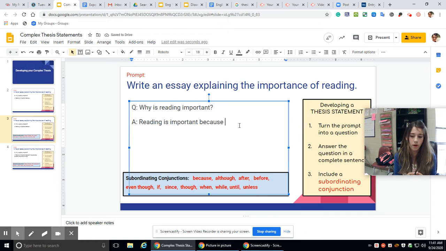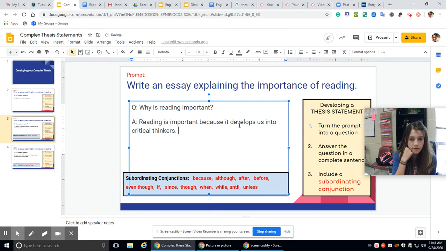So I'm just going to think about what I know about my experiences reading. And I'm going to go with the idea that reading is important because it develops us into critical thinkers. Reading is important because it develops us into critical thinkers.